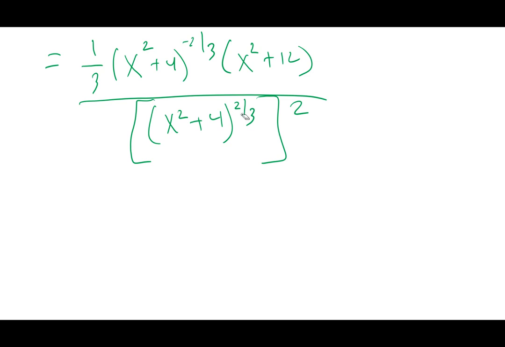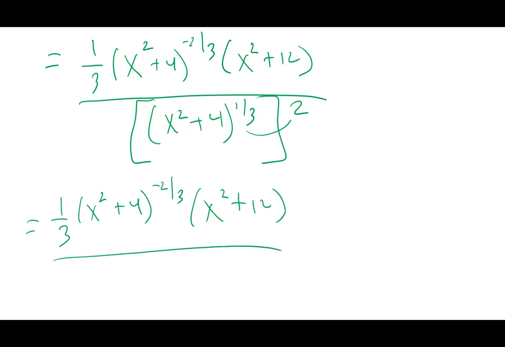Sorry about that, that was x squared plus 4 to the 1/3. If you square that, you're multiplying these two numbers. So this is now going to give me 1/3 x squared plus 4 to the negative 2/3 times x squared plus 12 all over x squared plus 4 to the 2/3.